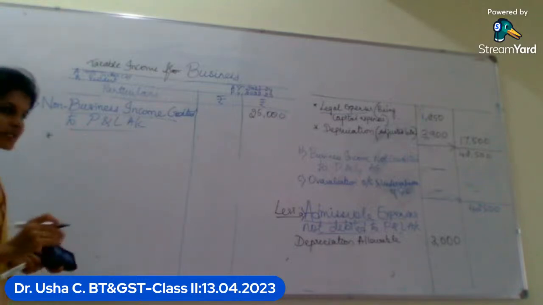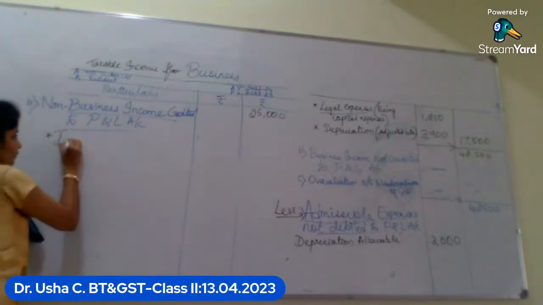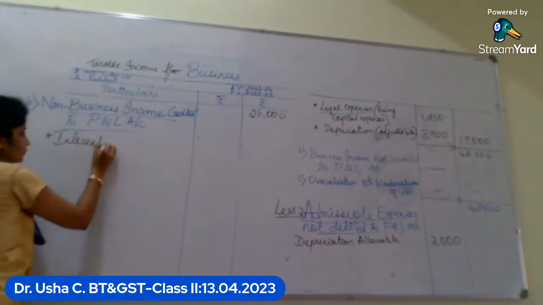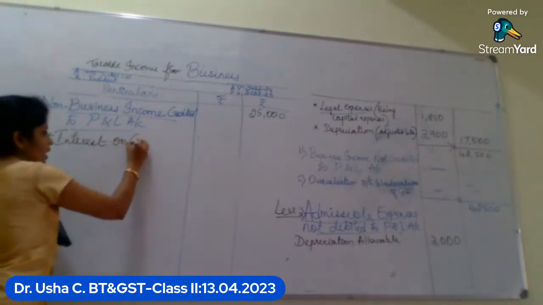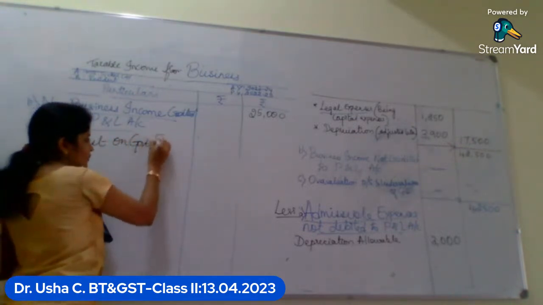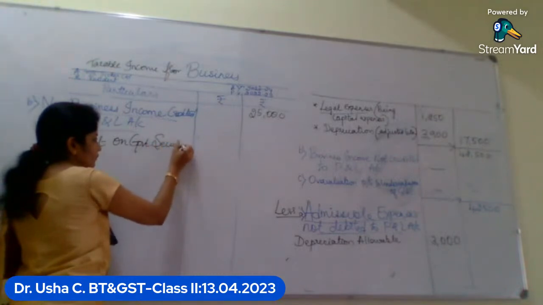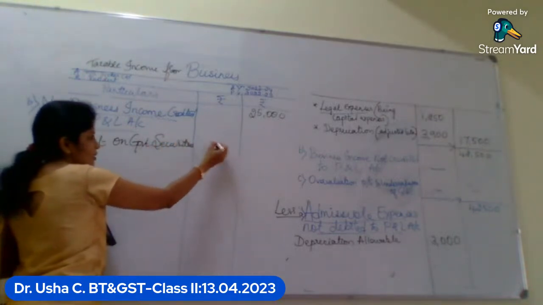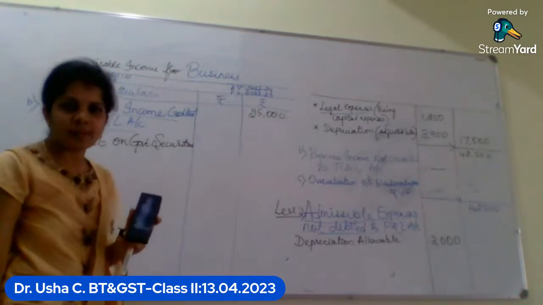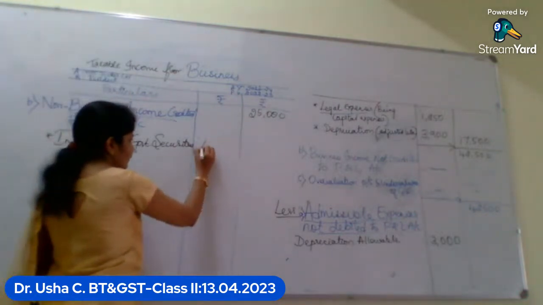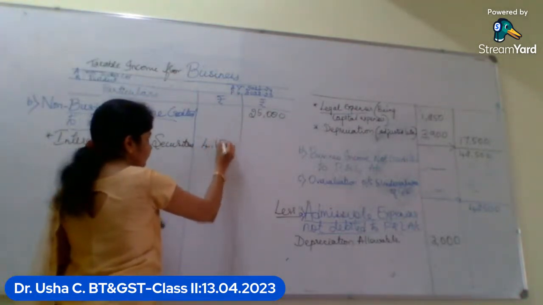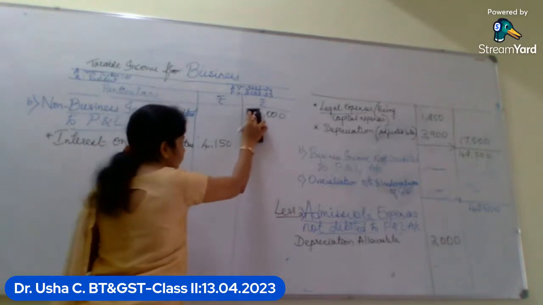Which is that item? Interest on government securities. What is the amount? 4,150.